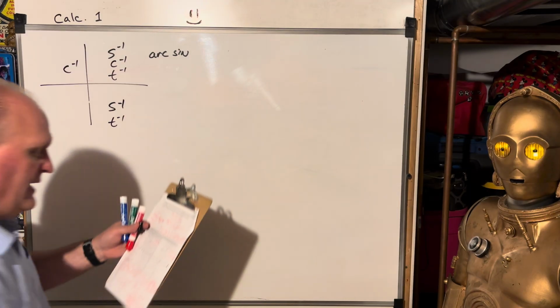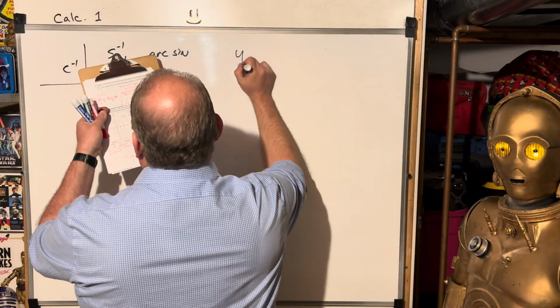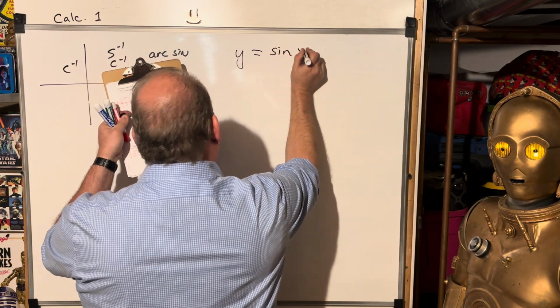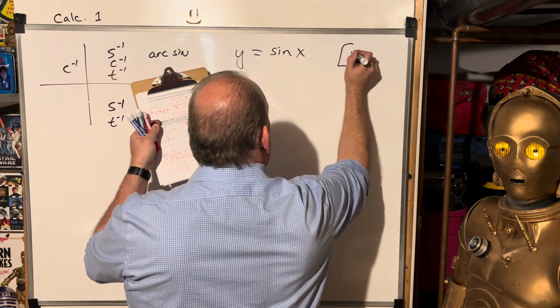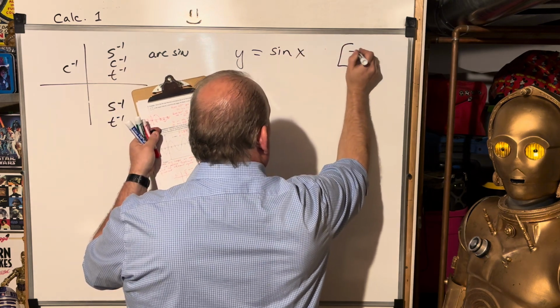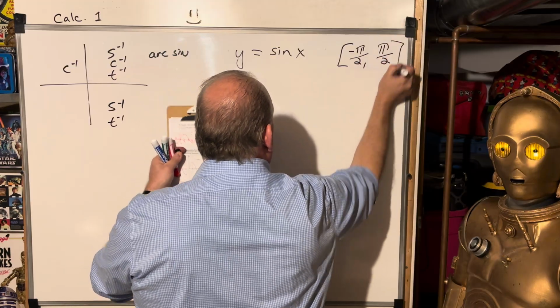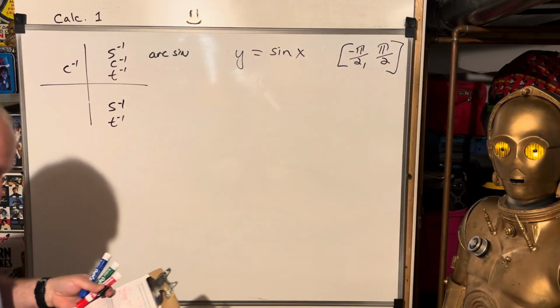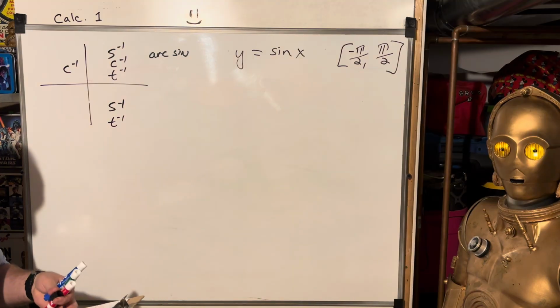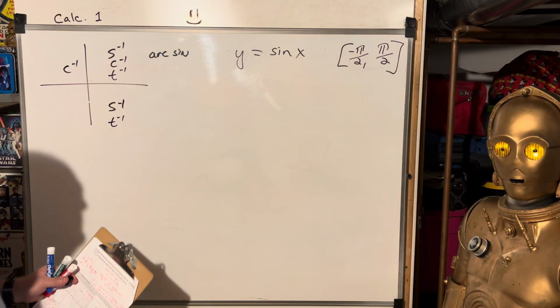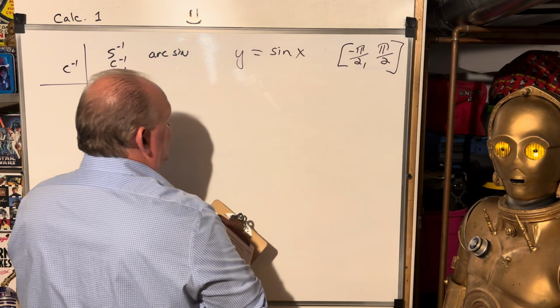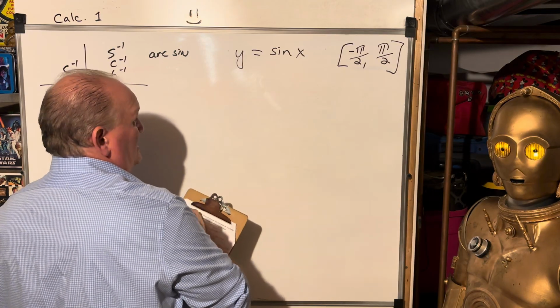All right, so to find algebraically here, y equals the sine of x, and from -90 to 90, or I should get used to using pi over 2, radians, -pi over 2 to pi over 2 radians. So basically what we're going to do, we're going to take the arc sine of both sides.